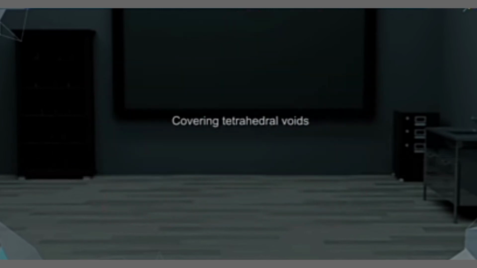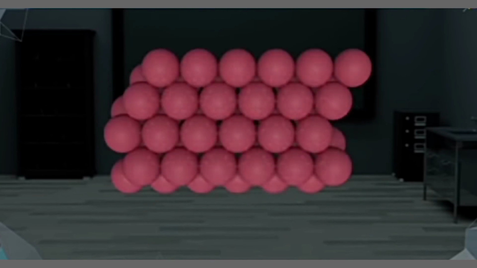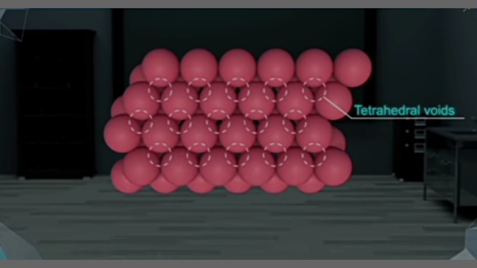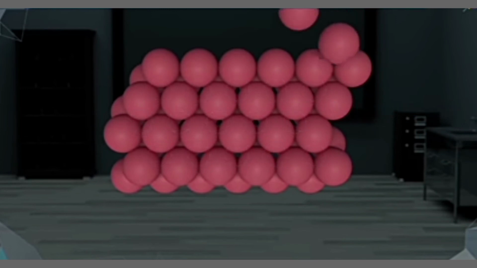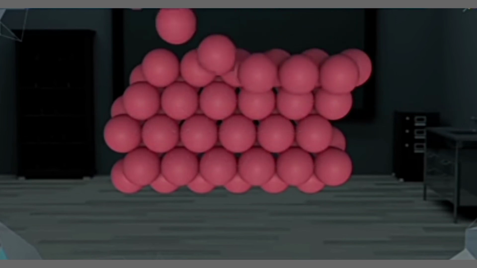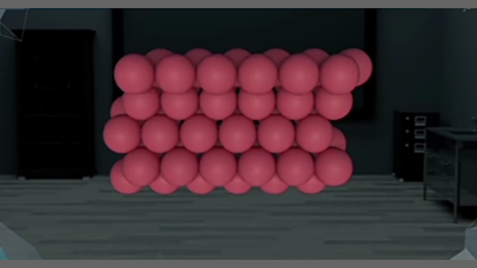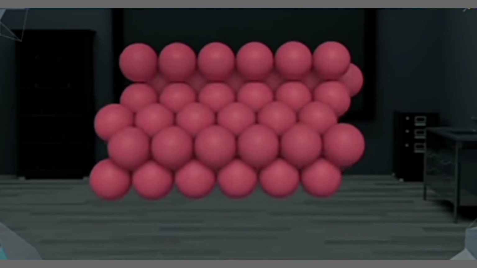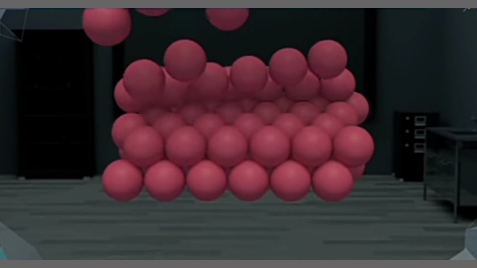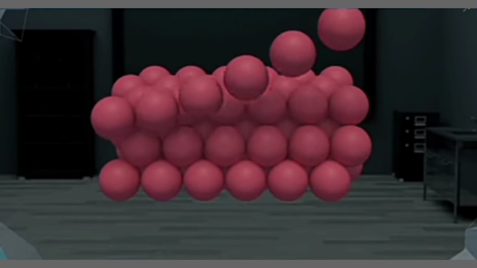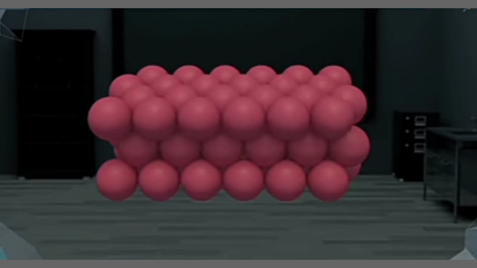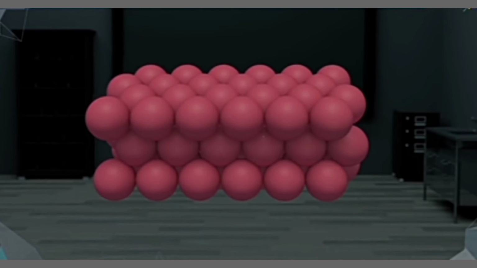By covering tetrahedral voids: the tetrahedral voids of the second layer can be covered by placing spheres of the third layer over them. On doing so, the spheres of the third layer will get exactly aligned with the spheres of the first layer.